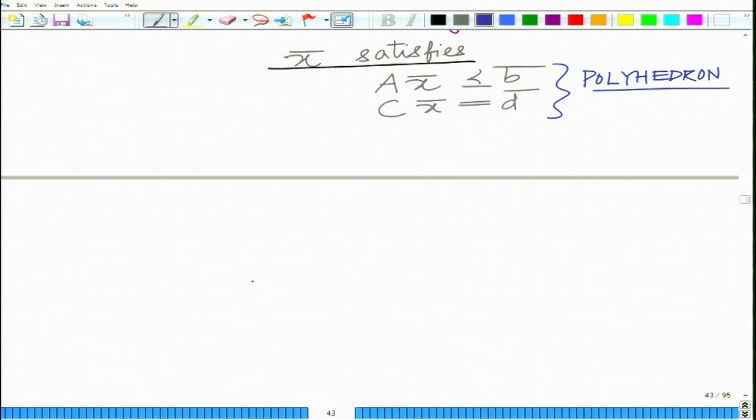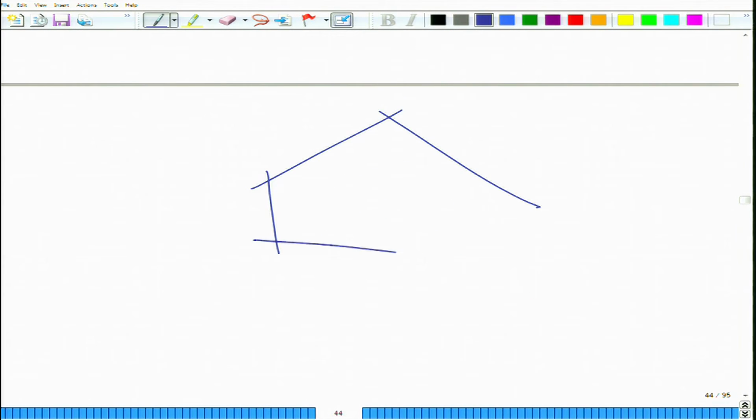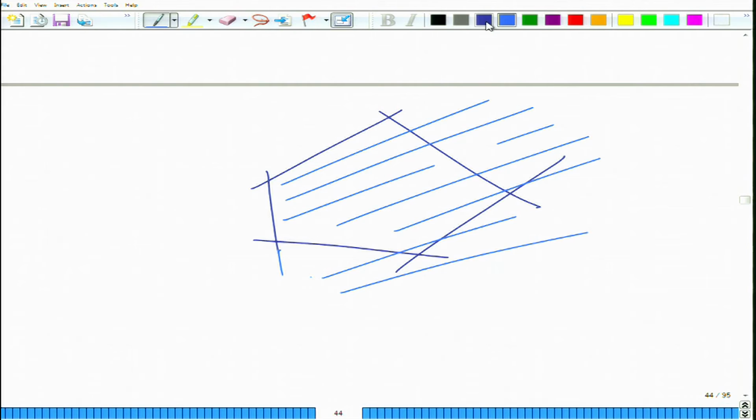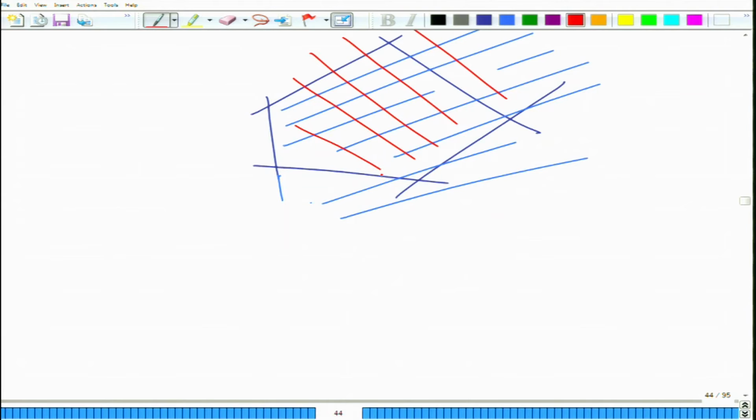This can be simply shown as follows. You can imagine having a large number of half spaces, one half space corresponding to this, another half space corresponding to this, and various other half spaces. Now look at the region that lies in the intersection of all these half spaces.